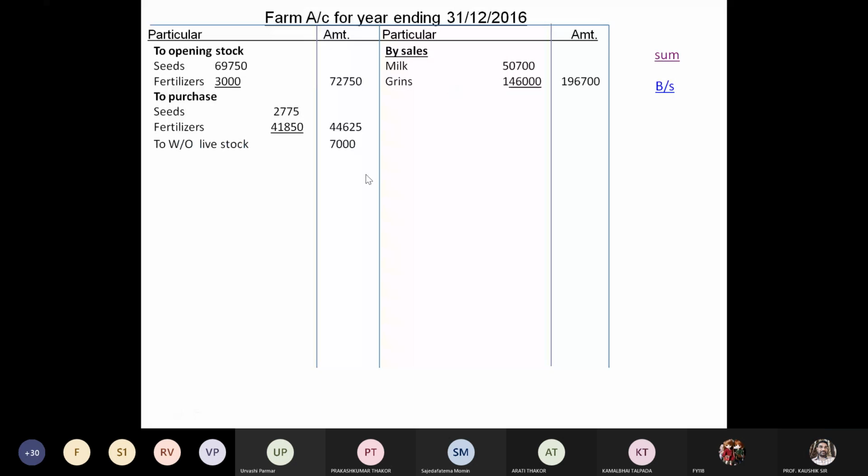Then the second effect of the written-off amount regarding the livestock, 7,000, goes to the debit side. Livestock written off, 7,000.